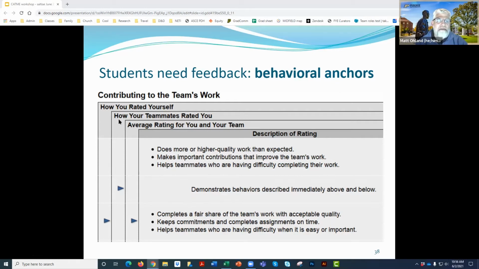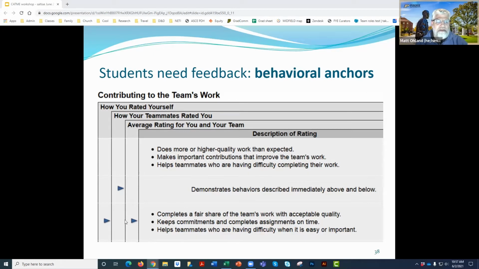In this case, the student received this feedback. It reminded them that you said you contributed the expected level of effort. Your teammates said that you contributed something above those expectations, but that has to be placed in context of the team's ratings overall, because it's always possible that the team is inflating all of their ratings.